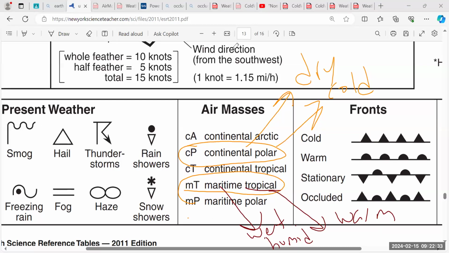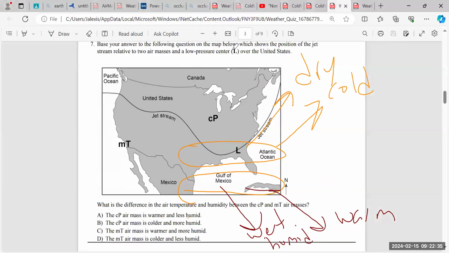wet. When I go back to my problem, what is the difference in air temperature and humidity between the CP and MT air masses? The only best answer is going to be choice 3, right? Because it becomes a true and false. As I just mentioned, the MT air mass is a warm and wet air mass.